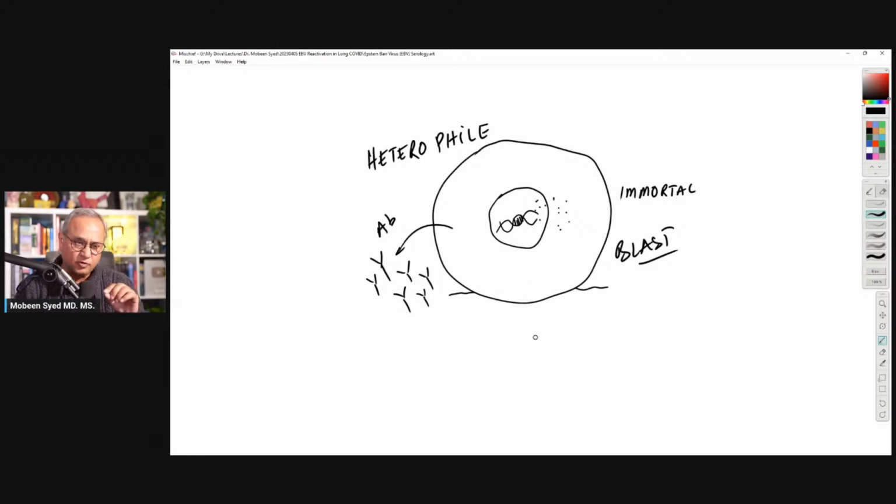Now, there is a delicate point I want to make over here, which I hope that you will catch. A general B cell will make antibodies against a target. For example, if there is a B cell that is against SARS-CoV-2, it will make antibodies that will attack the SARS-CoV-2 spike protein or nucleocapsid or whatever. A B cell that is active against EBV will make antibodies that would attack various parts of the EBV.